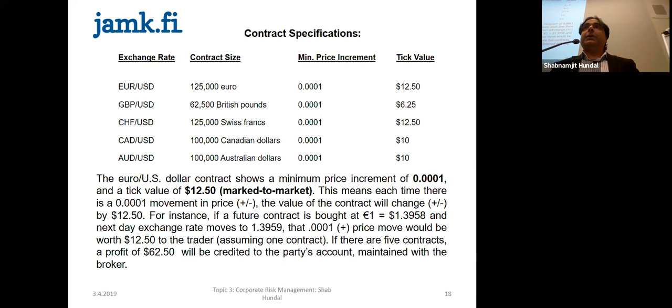And because we calculate to the 4th decimal point, it's 20 ticks. So 1 tick we just found is $12.50, and 20 ticks would be $250. So in a few moments you are losing $250 for 1 contract. But if you have 1,000 contracts, then you can lose millions in a few minutes.